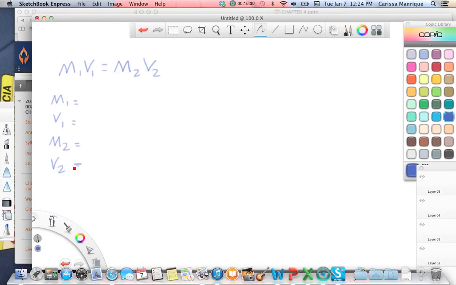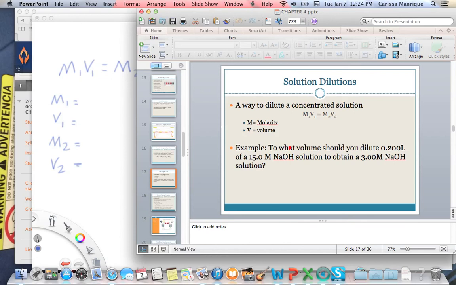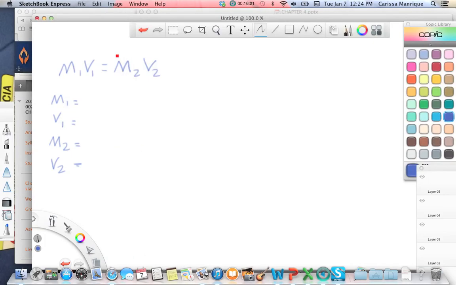Okay, so M1 and V1 will be your initial numbers here. So, to what volume should you dilute a 0.2 liter 15 molar solution? Okay, so that's our initial. So 0.2 liter and 15 molar. Okay, so initially I have 15 molar and 0.2 liters.